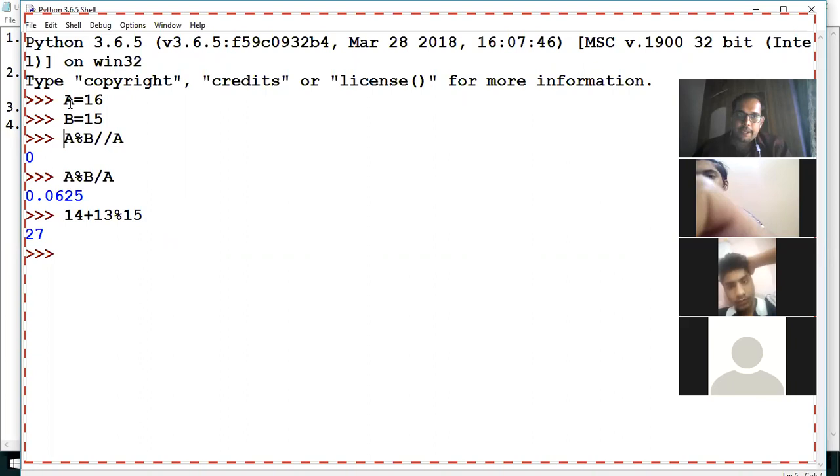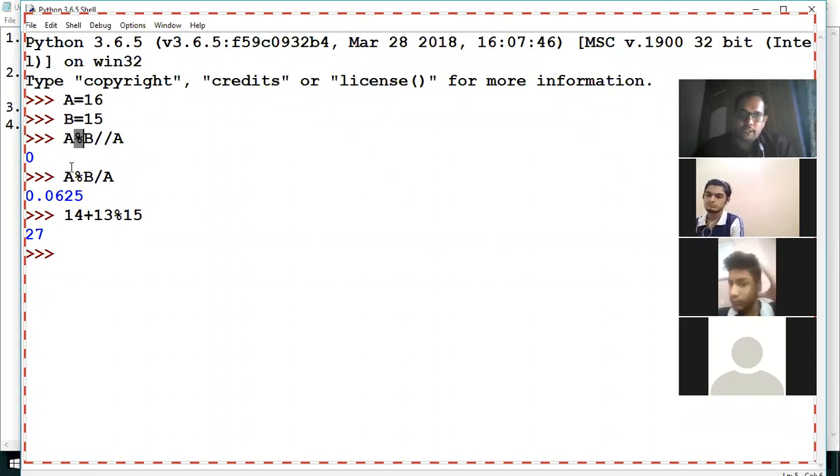First one, a equals 16 is given. This is the value of a. Then b equals 15. This is the value of b. Look, a modulus b floor division a. Here floor division and modulus both come in the same category, so we have to solve this expression from left to right.